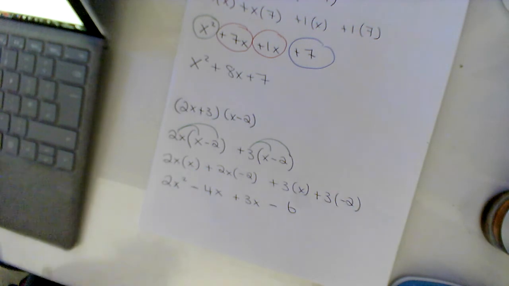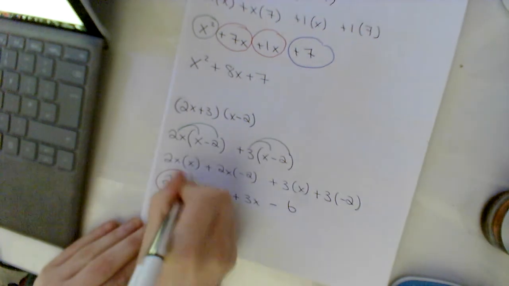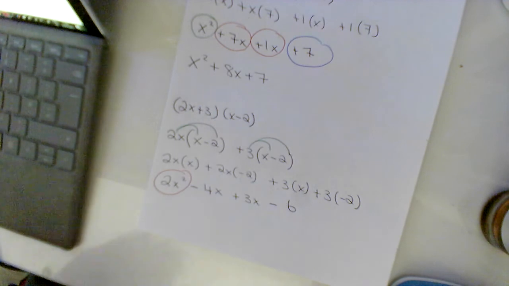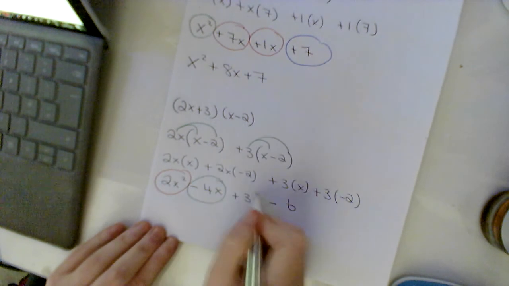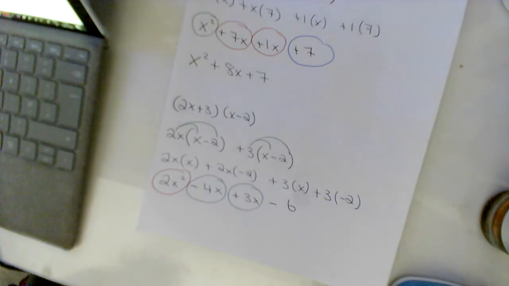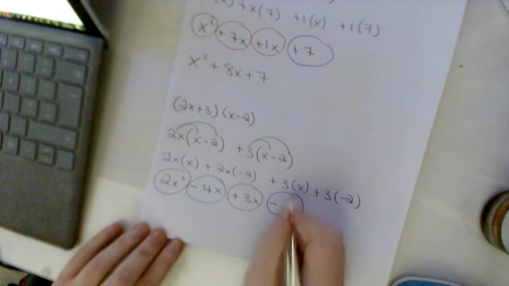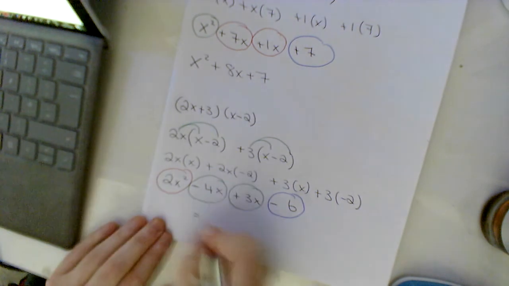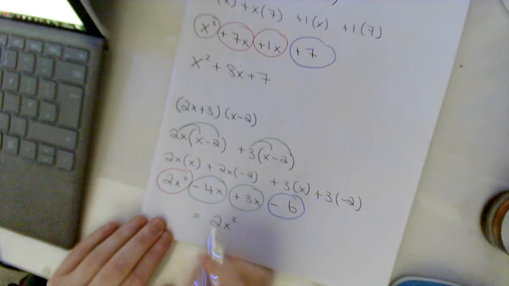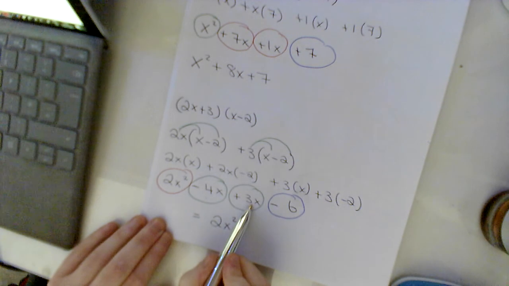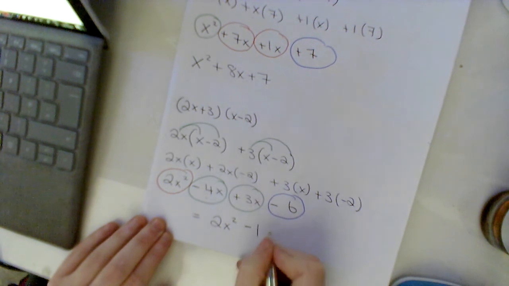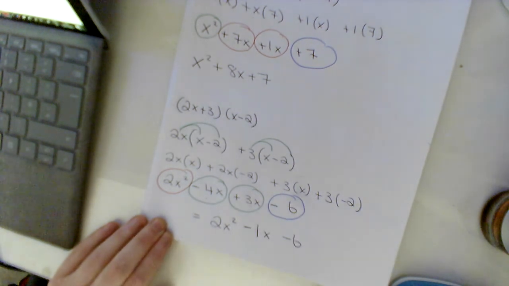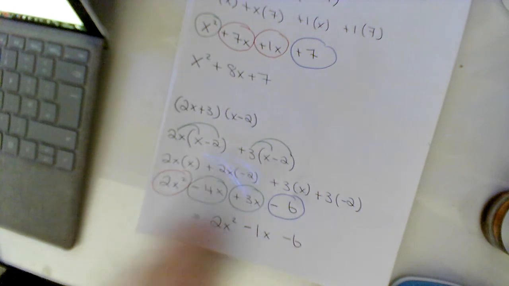Now I circle the terms that will go together, so 2x squared, then my x's will go together, and my constant is on its own here, minus 6. So the final answer, when it's simplified, is 2x squared, minus 4x plus 3x is minus 1x, or minus x, minus 6. And that's it expanded. This is where we expanded it and this is where we simplified it.